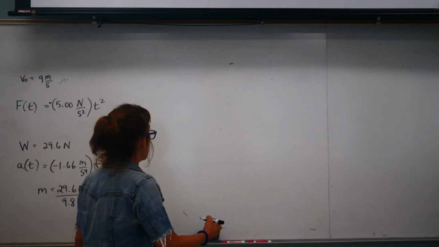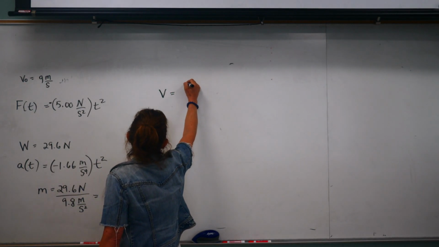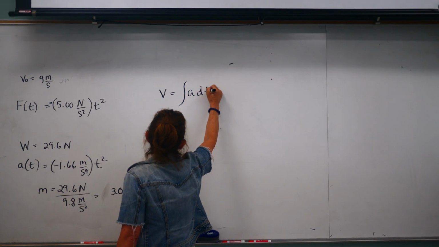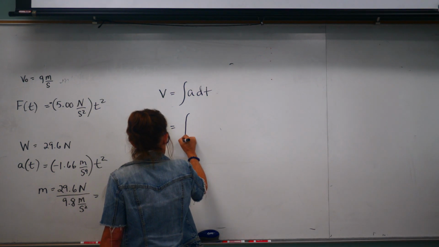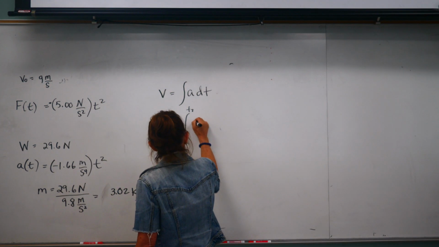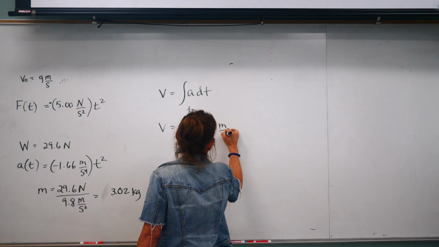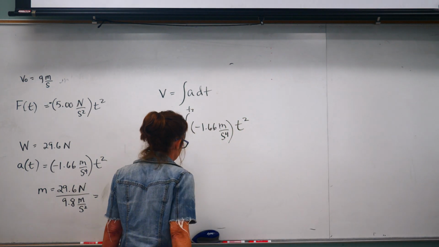So velocity is going to be equal to the integral of a dt. All right, so velocity equals the integral from t1 to t2 of negative 1.66 meters over seconds to the fourth times t squared.